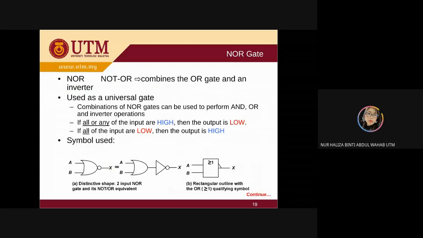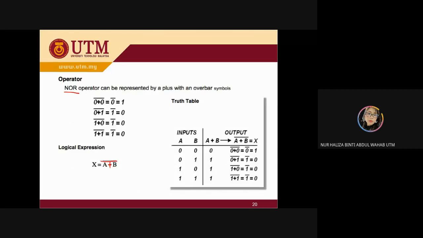I forgot where I put it. Okay, so you have 0 0 equal to 0, but you put a bar over everything, which means you bar your OR gate. Similar, right? You only get 0 for your OR gate, and for NOR, you're going to invert. That's why you will get this truth table here.